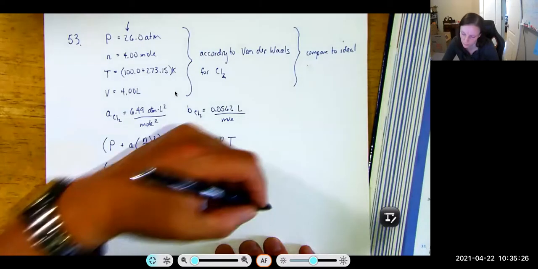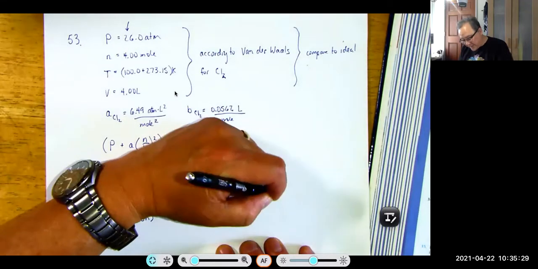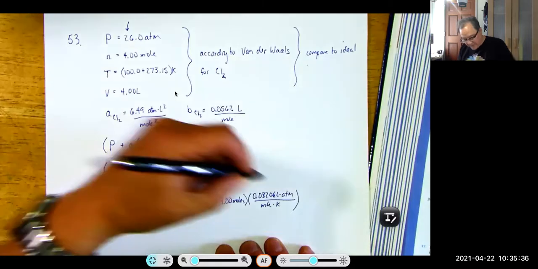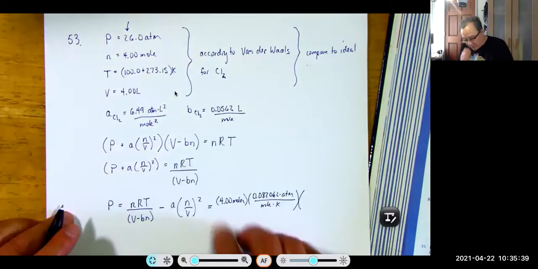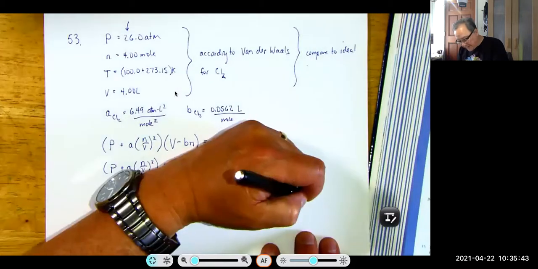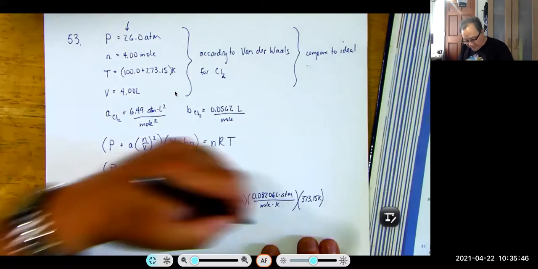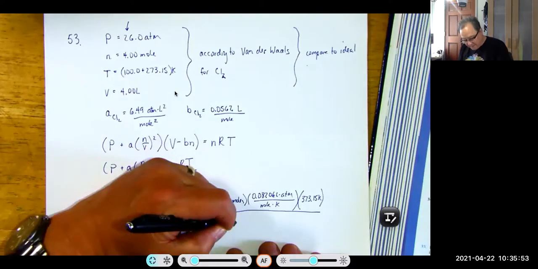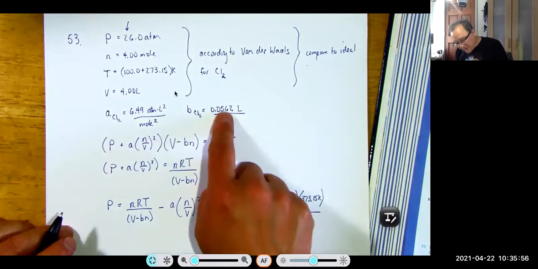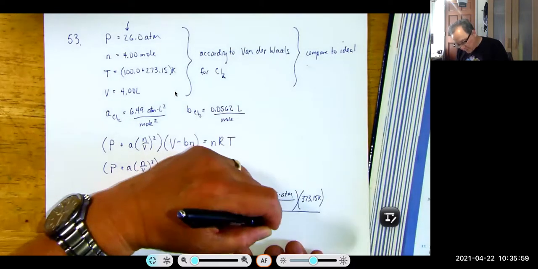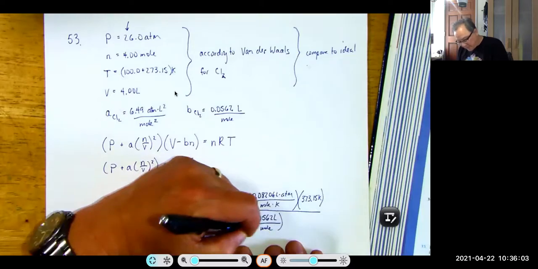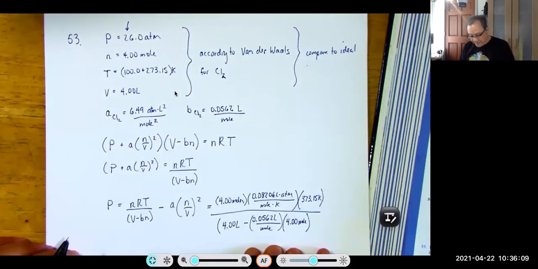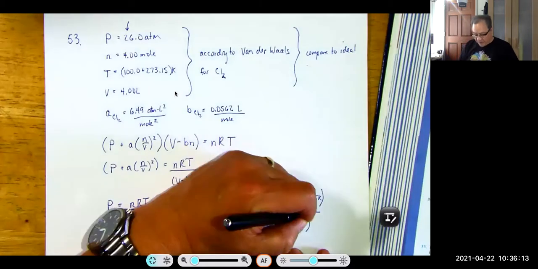So 0.08206 liters atmospheres per mole per K. And the temperature we can see is going to be 373.15 K. All of that divided by the volume, which is 4.00 liters, minus 0.0562 liters per mole, that's B, and 4.00 moles. So it looks to me like I need another parentheses here to make it all look correct.